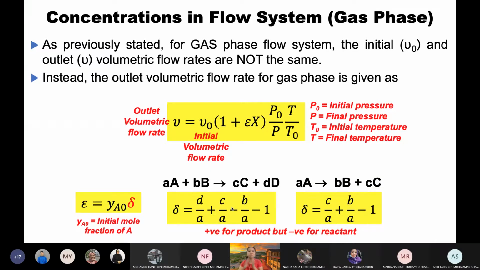So part ni yang kamu tak boleh confuse bila masa dia menjadi positif, bila masa dia menjadi negatif. Sebab tu certain formula memang saya pun tak menggalakkan kamu hafal, memang kamu pun tak boleh hafal sebab certain equation tu kamu kena faham dia adalah tak fix at all. Dia kena bergantung kepada tindak balas. So in the second case it becomes plus b per a minus only 1, which is A per A, which is 1. Sebab tu become c per a plus b per a minus 1.